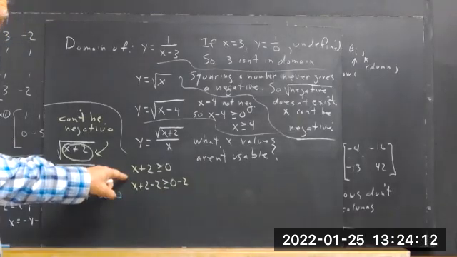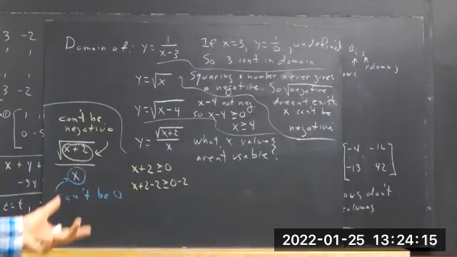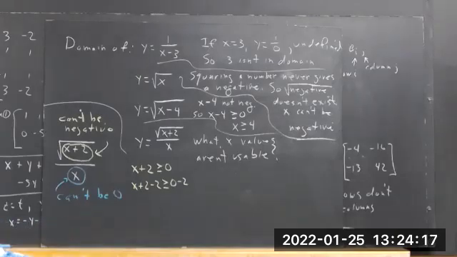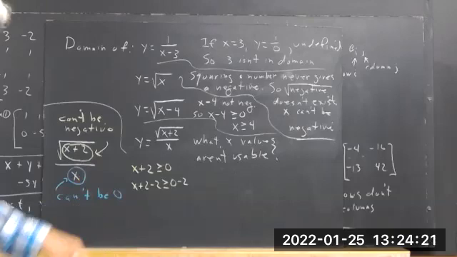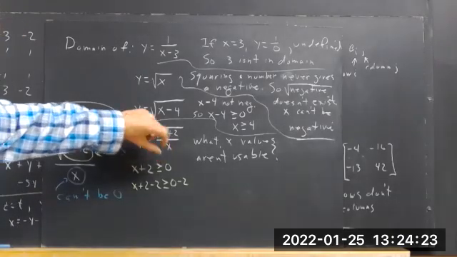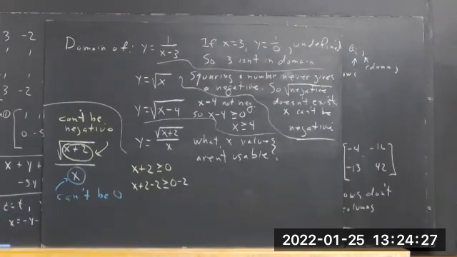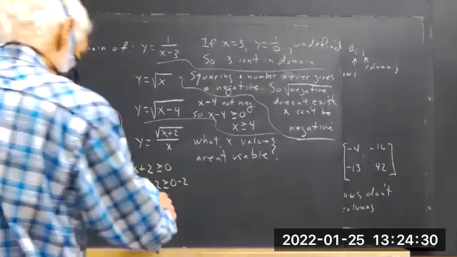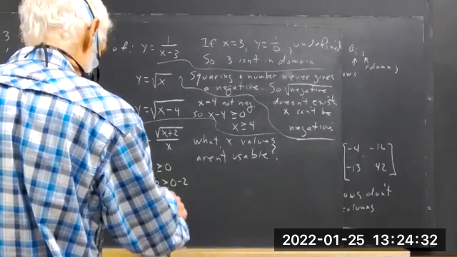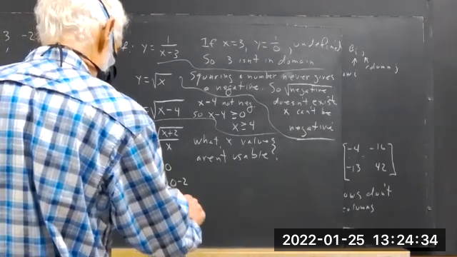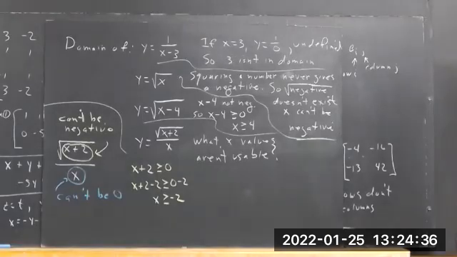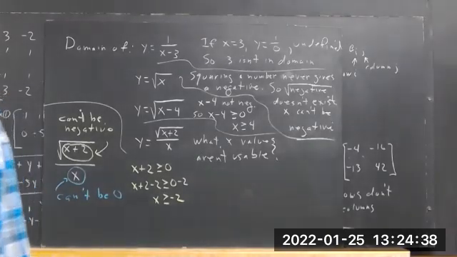You can solve it the same way we do inequalities, except if we multiply or divide both sides by a negative, the inequality has to reverse. That's something you learn early on, then you might have forgotten for a while. So x has to be greater than or equal to negative 2.